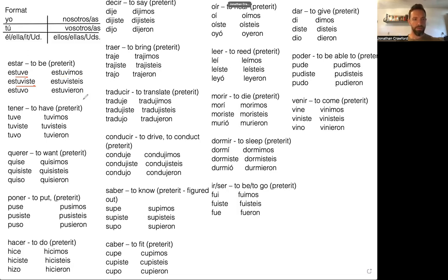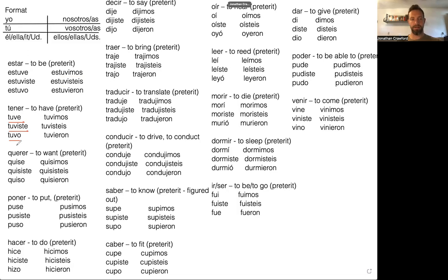So you'll notice that those are similar to tener, to have. And so you say, I had, yo tuve, tú tuviste, él tuvo, or ella tuvo, she had. Ella tuvo una cartera.